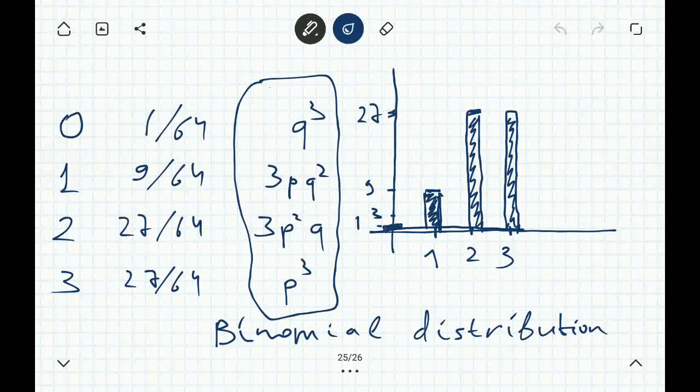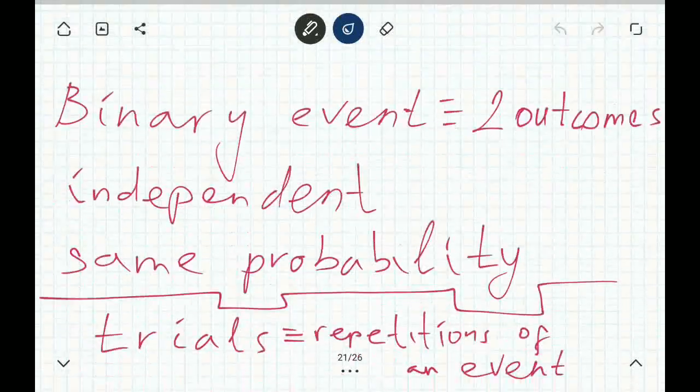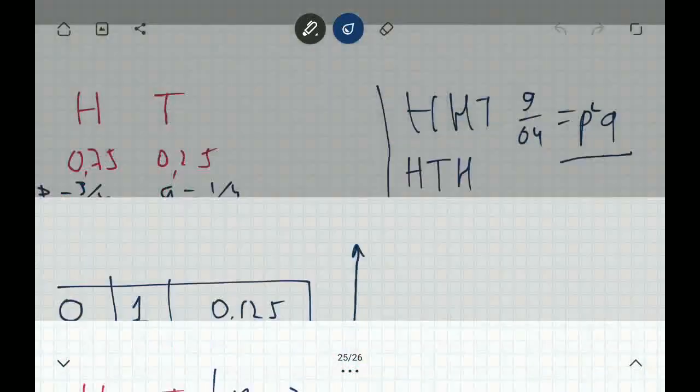The further apart p and q are from each other, the more skewed the graph will be. And in the ideal case where p and q are just equal, so 50-50, we will have this symmetric graph. Okay, so that's our binomial distribution.